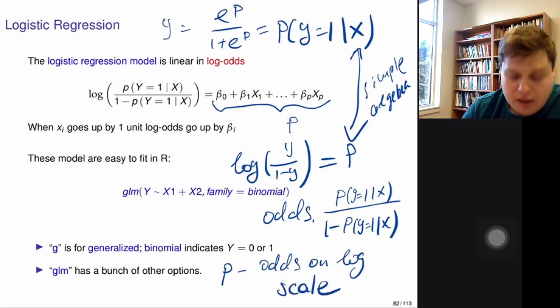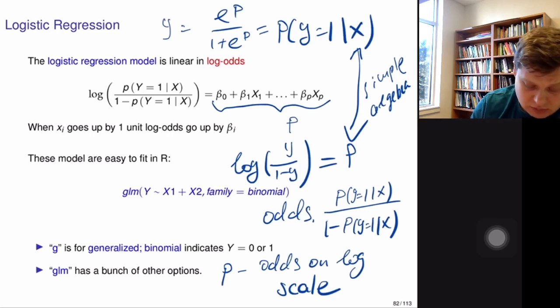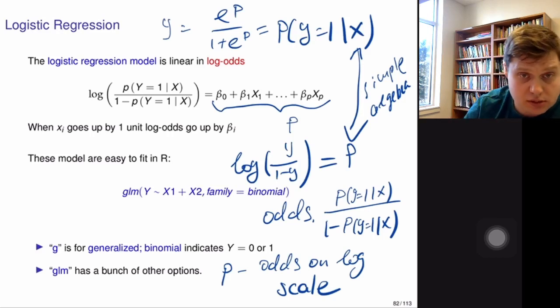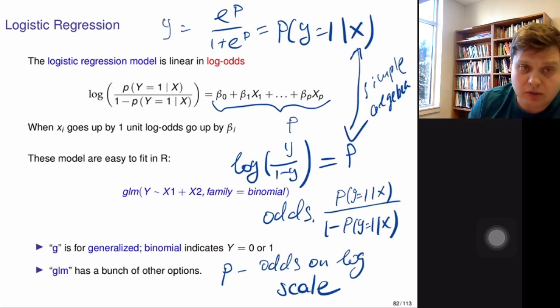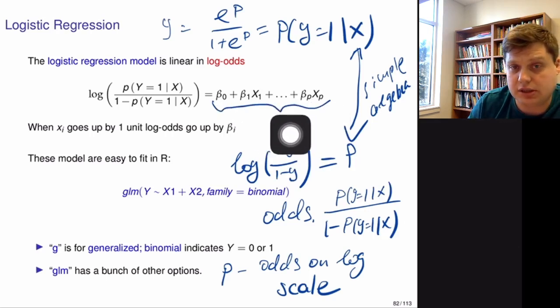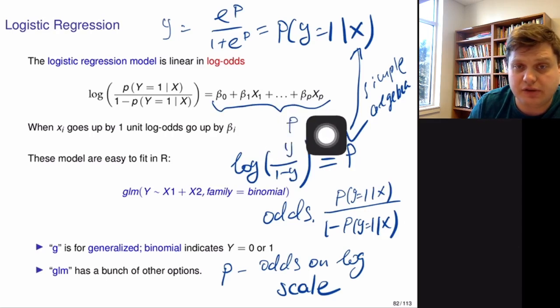In R, it's easy to build those models. Instead of lm, we use the glm command, which stands for generalized linear model. Generalized means that we take this linear component and generalize it by adding an additional function on top of it, some function that maps it to a value between 0 and 1.